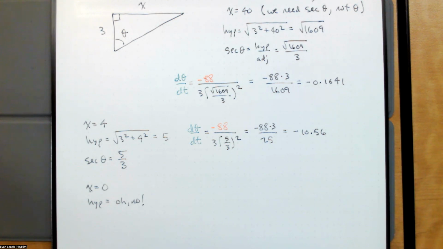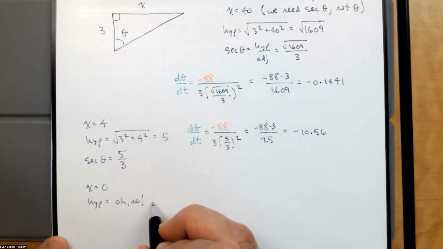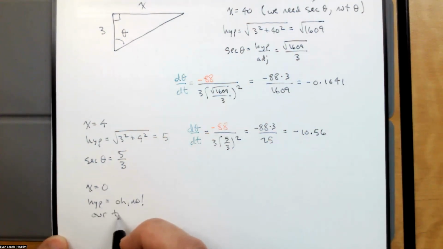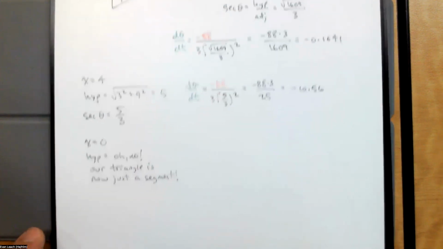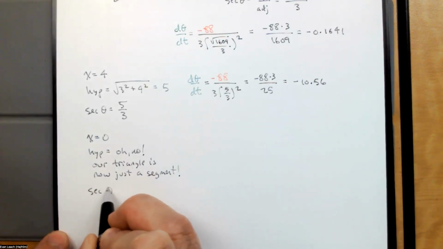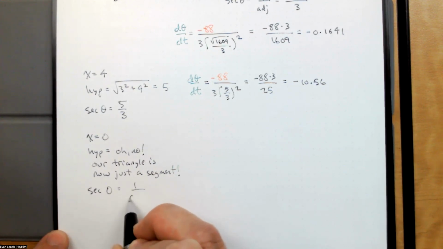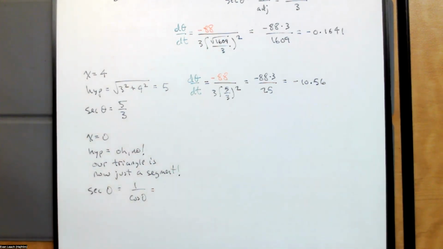I don't know. What's the secant of 0? Secant of 0 is 1 over cosine of 0, and what's cosine of 0? 1. Ah, that's good.